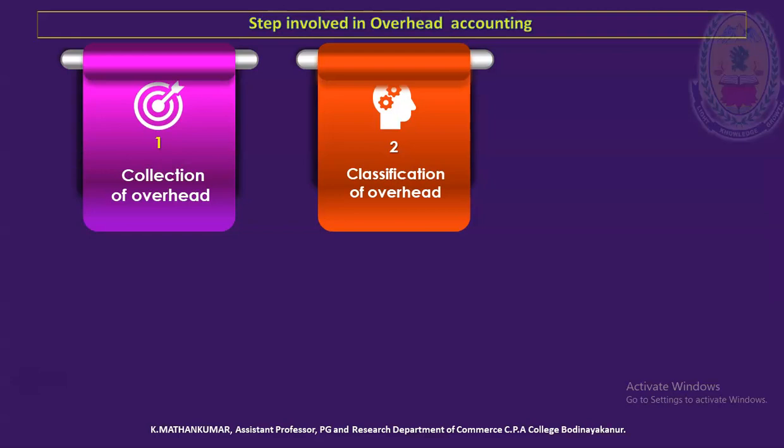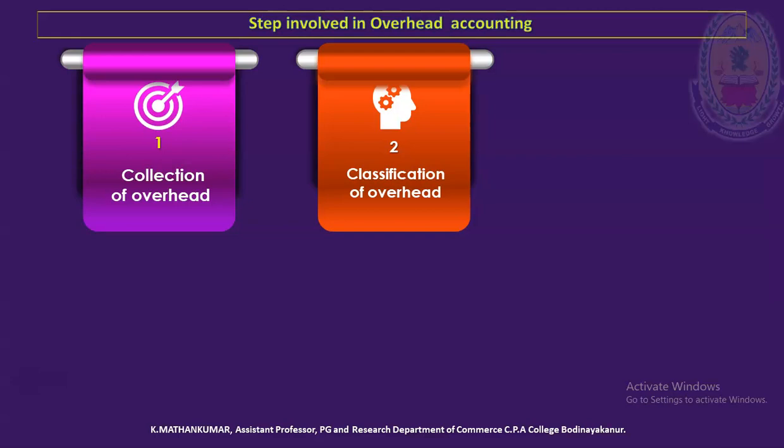Classification is the process of grouping costs according to their common characteristics. The various classifications are functional classification, like manufacturing, factory, production overhead, office and administration overhead, selling and distribution overheads.